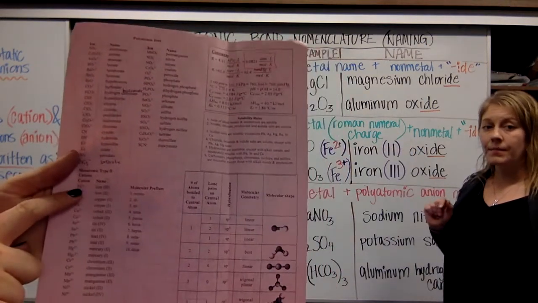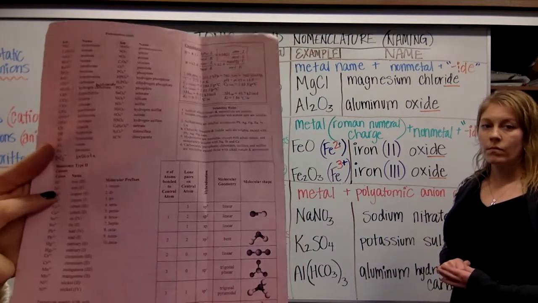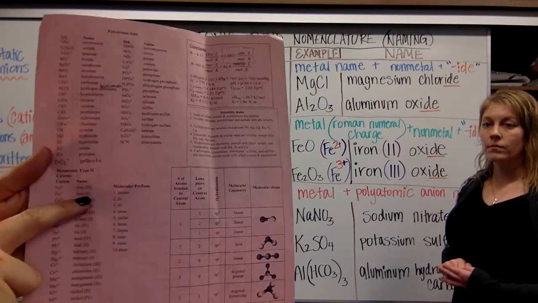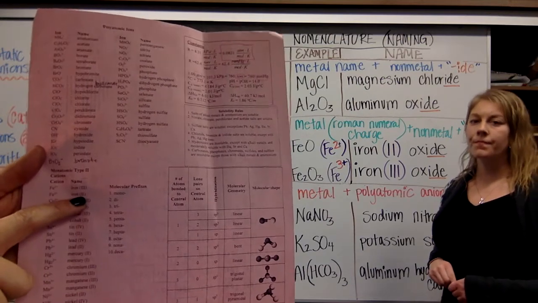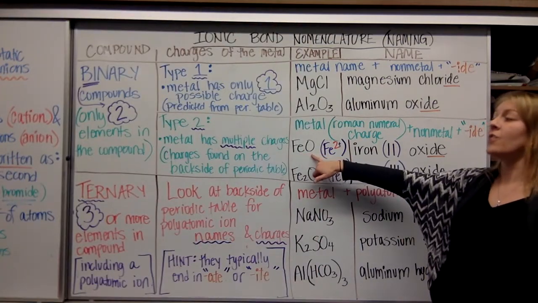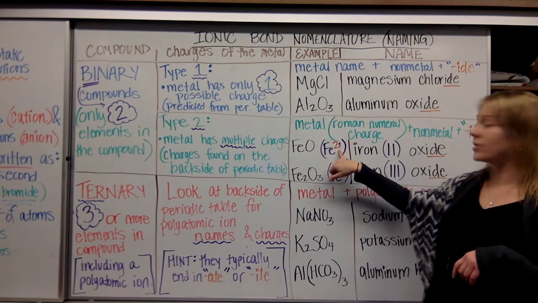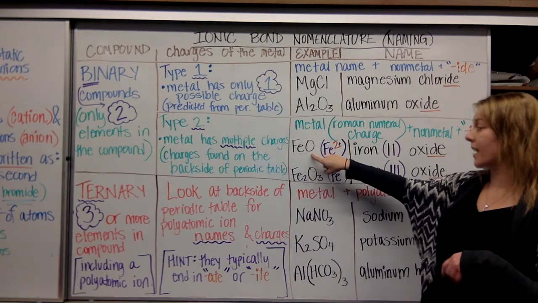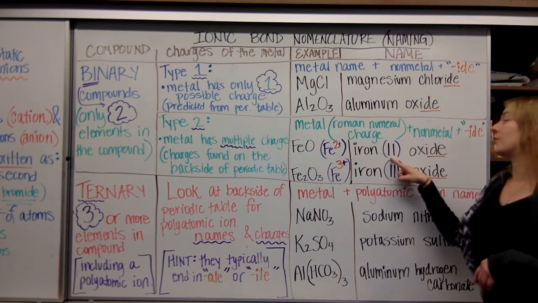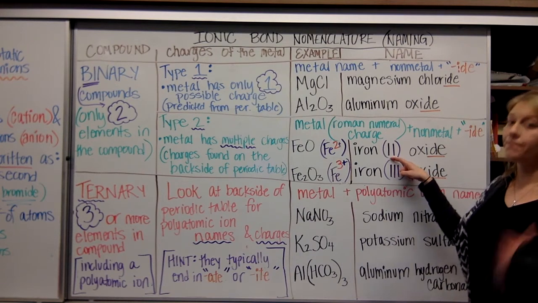Okay? So you can see, what are we doing? Iron 2 plus is going to have a Roman numeral 2 in parentheses right there. All right, so FeO. Using that crisscross method, we can figure out that iron here has a 2 plus charge. So instead of just iron oxide, this needs to be iron(II) oxide to indicate that that iron has a 2 plus charge.